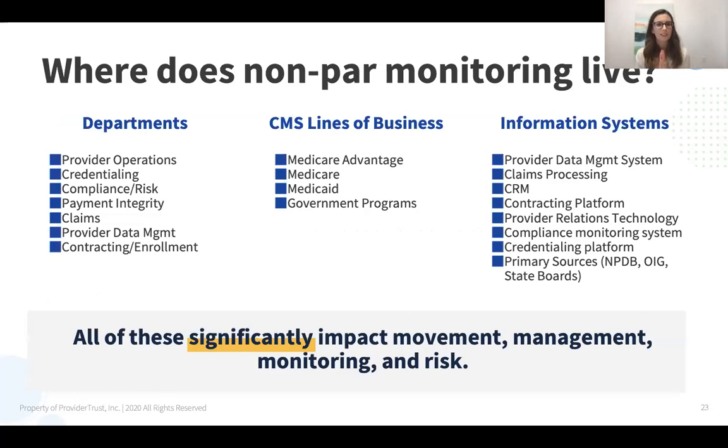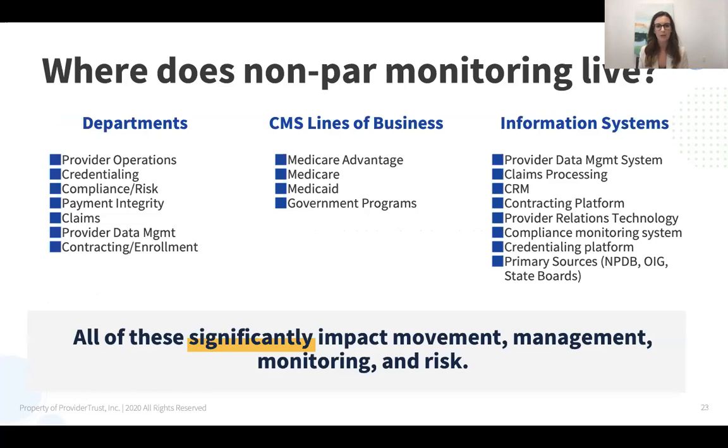So on that front, let's talk about where non-PAR monitoring can and should live. As I said, the good news is that there are a lot of correct answers here, and these are all some possible outcomes. What we know is that there are a lot of people across your organization who need access to the data that is involved in non-PAR monitoring.